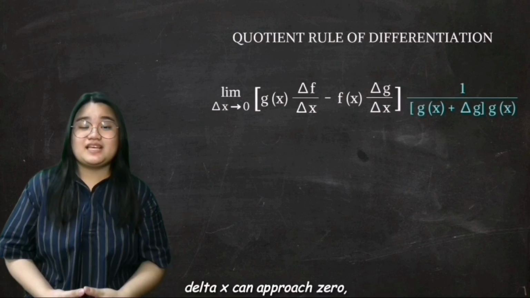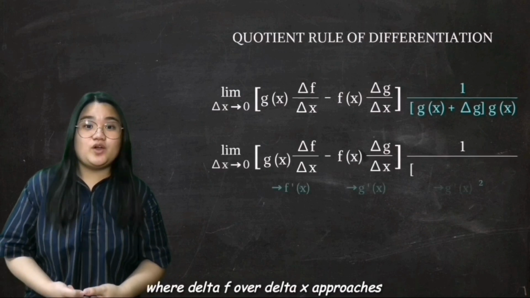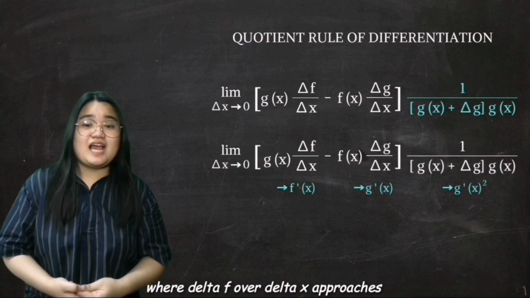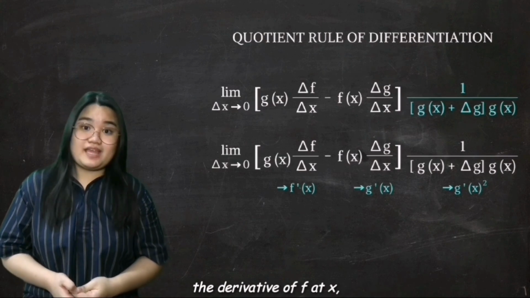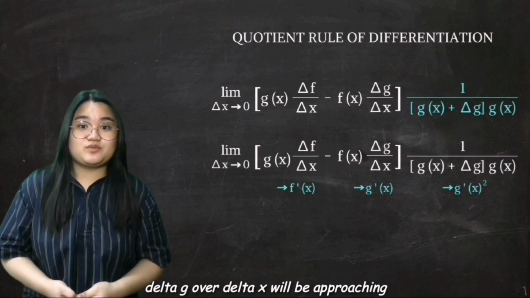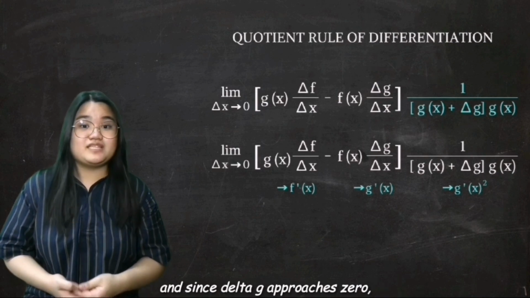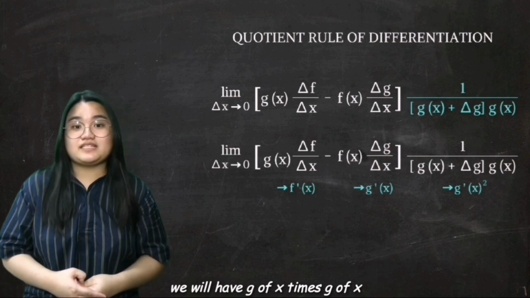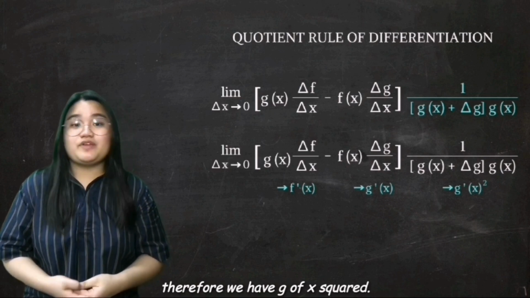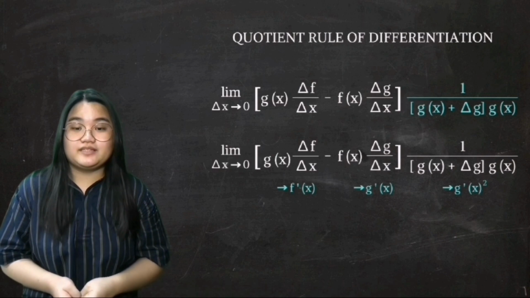By doing this, delta x can approach 0, where delta f over delta x approaches the derivative of f at x, delta g over delta x will be approaching the derivative of g at x, and since delta g approaches 0, we will have g of x times g of x, therefore we have g of x squared.